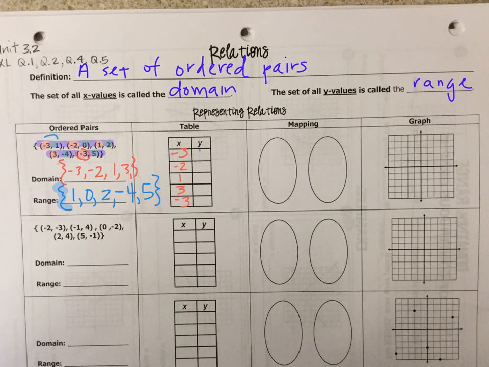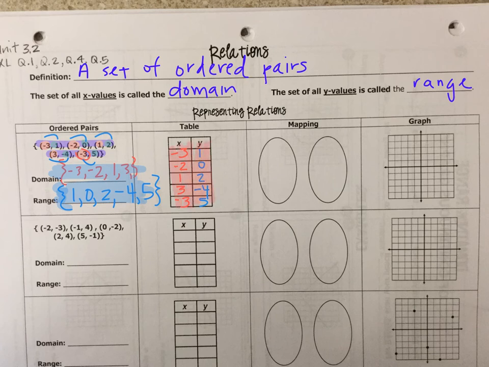So -3's partner is 1, -2's partner is 0, 2, -4, and 5. All right? So those are two ways I can write them. When I just tell you what the range and domain is, I can write it in a table.